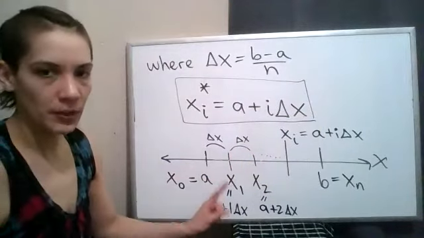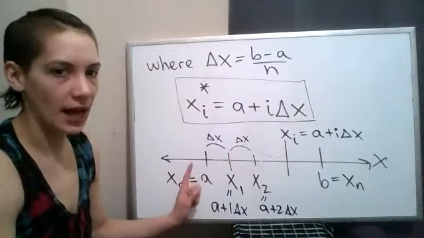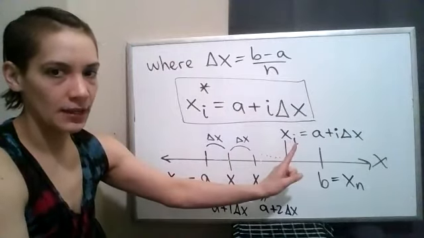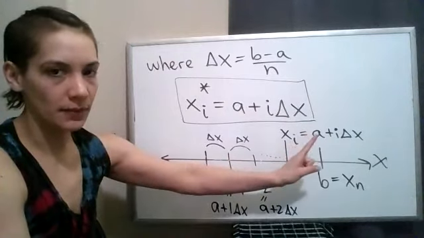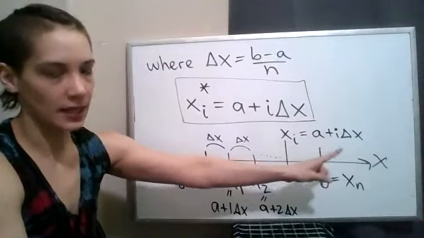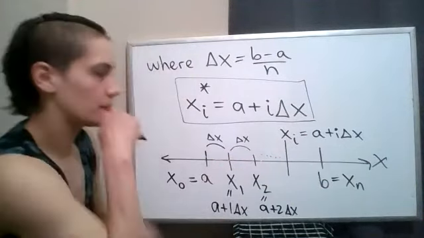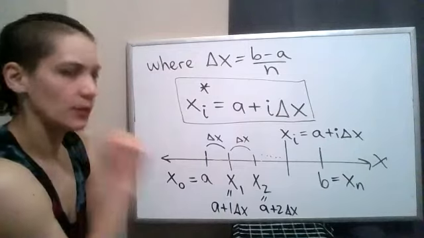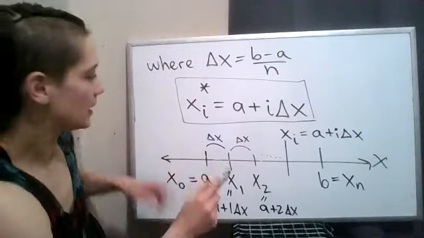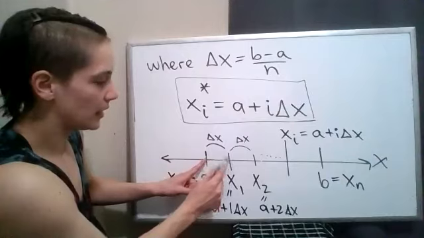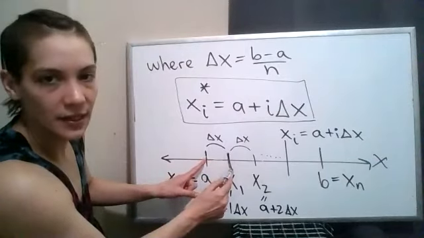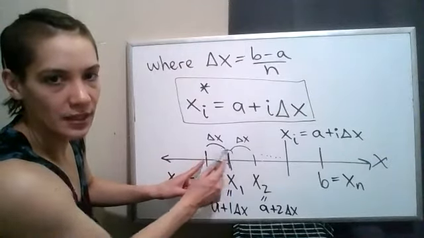Like say the very first one, when you put in i equals 1, x sub 1 equals a plus delta x. So that first one is right here on the right side of the first interval. So it's a right-handed point.